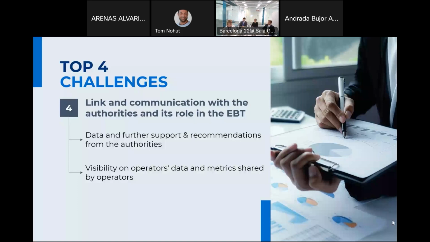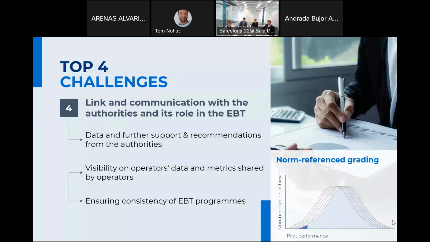It's not just the implementation, but afterwards to provide support, to provide insight into an overview of the EBT implementation at national level. And finally, we've just mentioned that the role of the authority should be ensuring that EBT is implemented correctly.